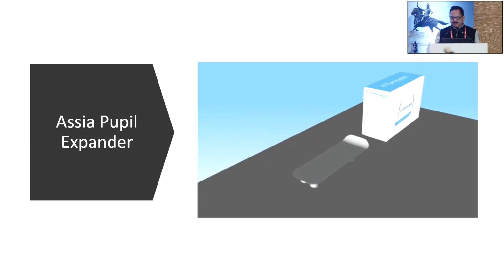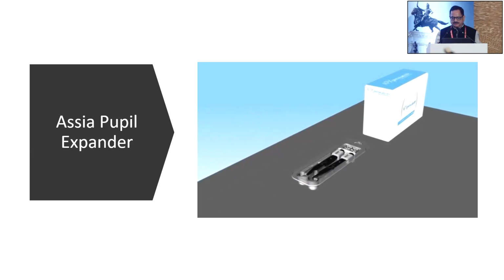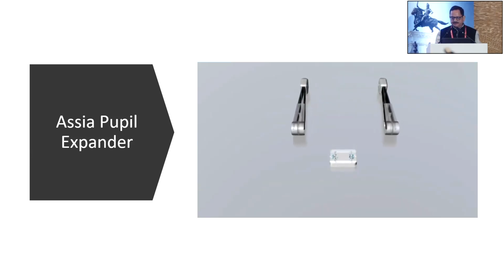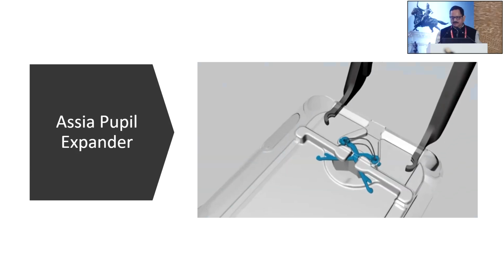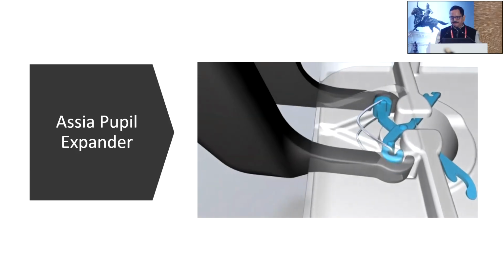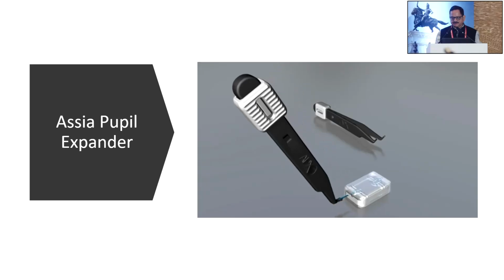Just to show how it can be used, it's the animation for that. It's very, very tiny. There are special forceps you have to hold it with. These are reusable forceps.